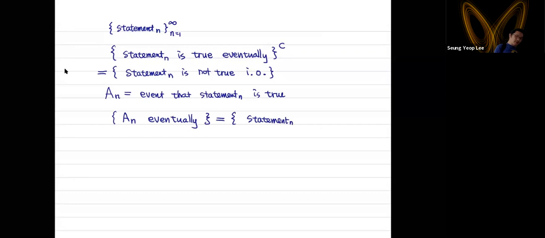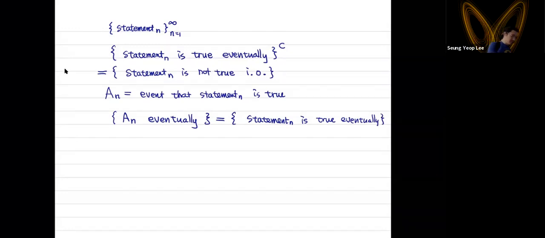So our sample belongs to An if the statement is true, or doesn't belong to An if the statement is not true, right? So our sample will belong to An eventually.